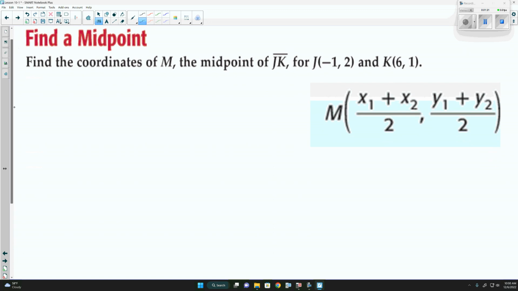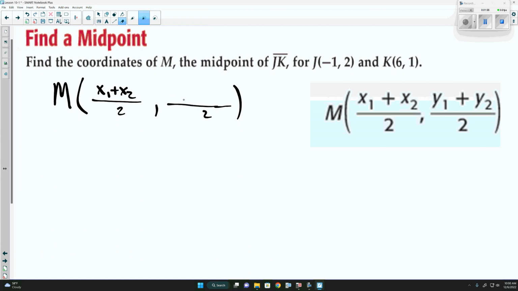So if we wanted to find the midpoint for line JK, given that the two endpoints are at negative 1, 2 and 6, 1, our midpoint M, we're going to use our formula, which is x1 plus x2 divided by 2, comma, y1 plus y2 divided by 2.